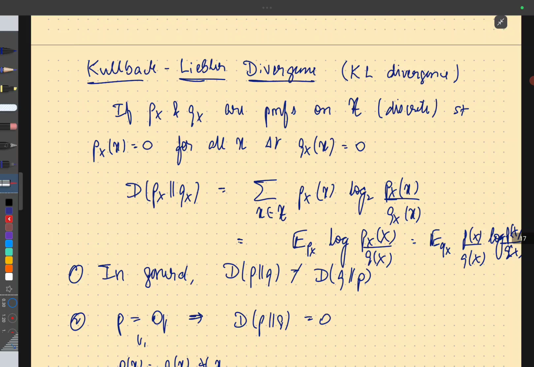The KL divergence is particularly important for us because we saw that it is the excess rate, or the penalty, that you need to pay when you want to compress a source optimally but you don't know the true distribution. So if you compress the source with respect to a distribution Q of x, when the true distribution is actually P of x, then the best possible compression rate that you can get is essentially the entropy plus a penalty which is equal to the KL divergence.